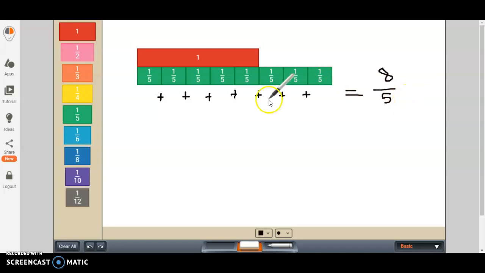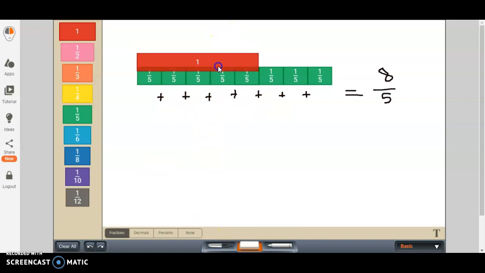Now, how many do I have if I am counting a whole and then my pieces? Well, let's think about this. So, I can combine 5 of my pieces to be one whole, and then I would have 1, 2, 3 fifths, right?